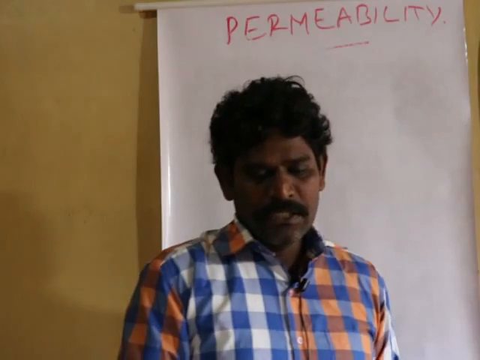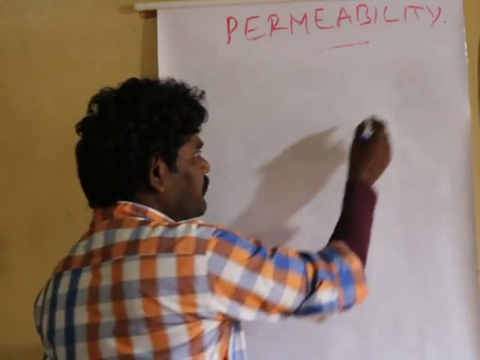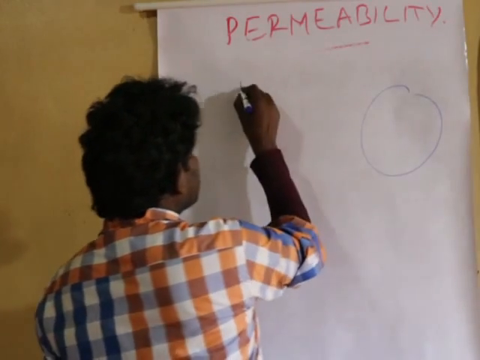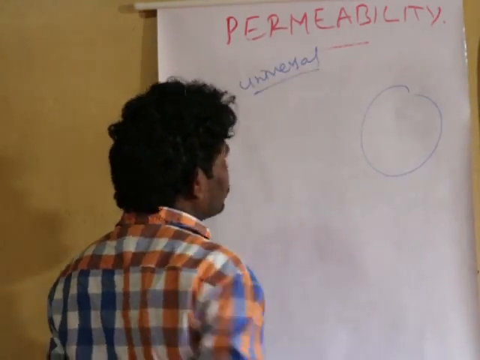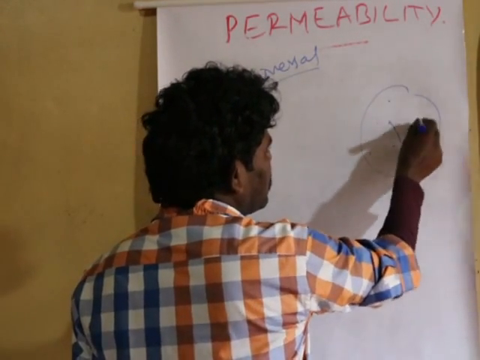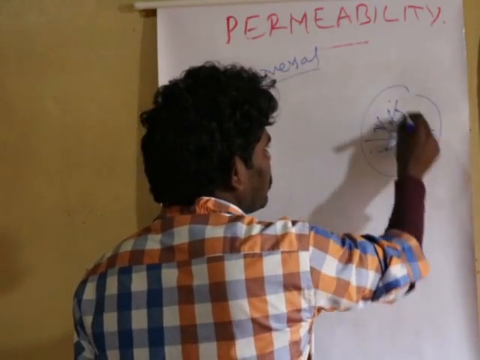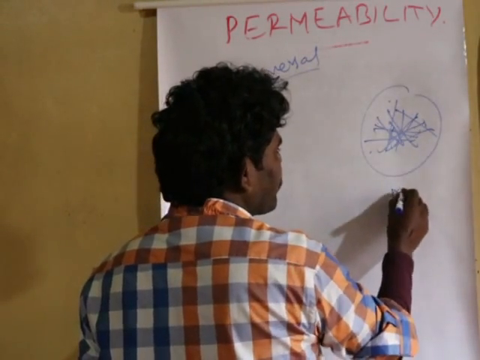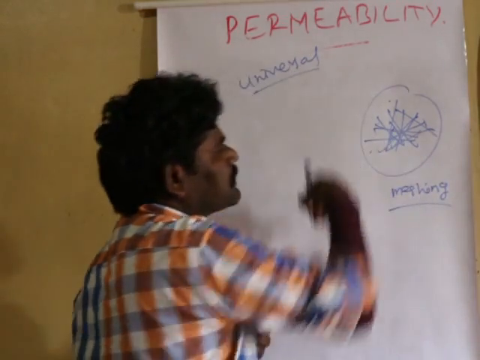Okay, next, in the case of universal aspects, every system in this universe has been tightly bonded to each other. This is like a meshing force among the systems.